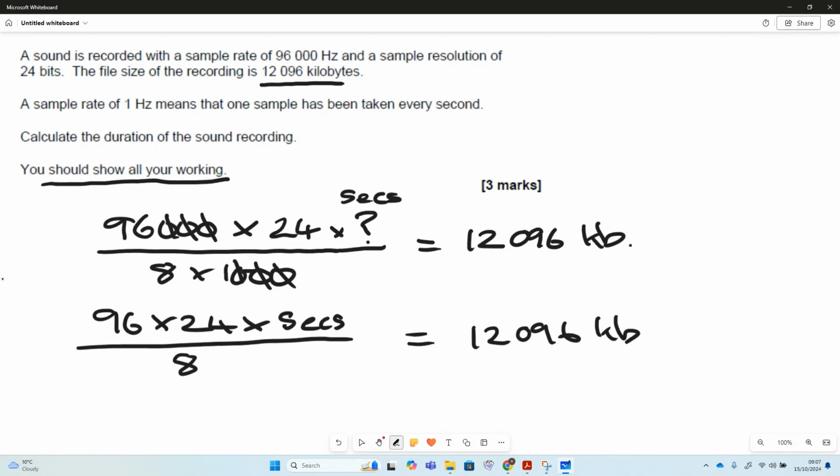So to get rid of this 8 here, probably the best way is to times both sides by 8. We can times this by 8, and if we times that by 8 we get 96,768, and you've got a calculator in this paper, so it's not too bad to do, hopefully.